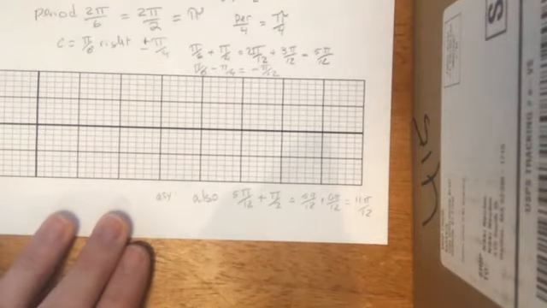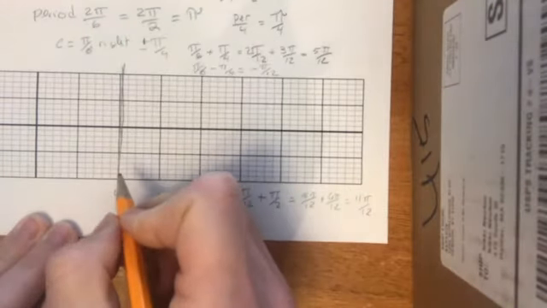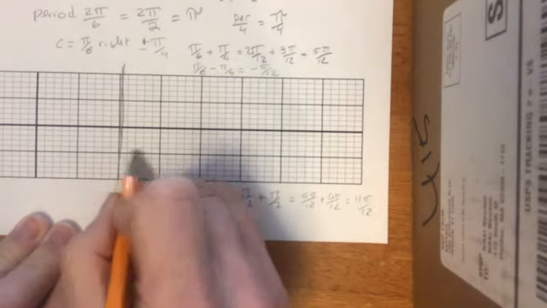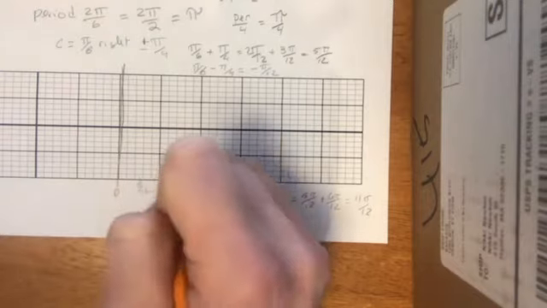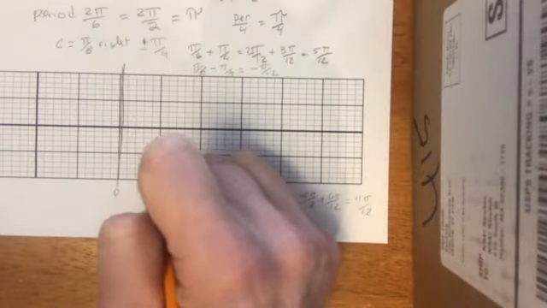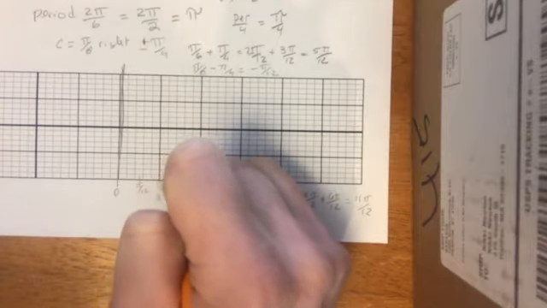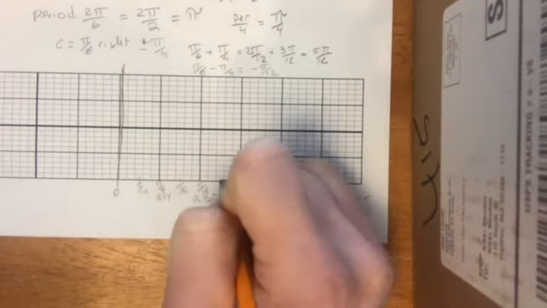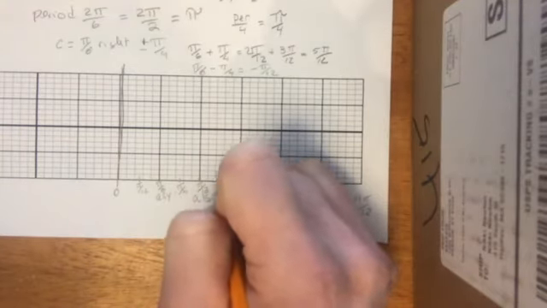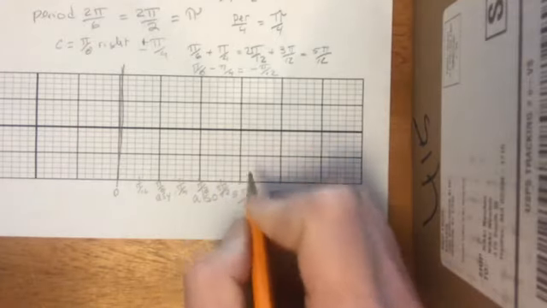So I'm going to do it in multiples of pi over 12. I'm going to put my 0 somewhere. So I'm going to put it here. And I'm going to leave every halfway between my dark marks as pi over 12. So pi over 12, 2 pi over 12, 3 pi over 12, 4 pi over 12, 5 pi over 12, 6 pi over 12.